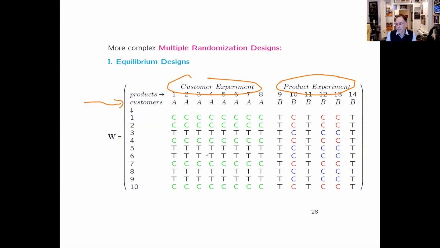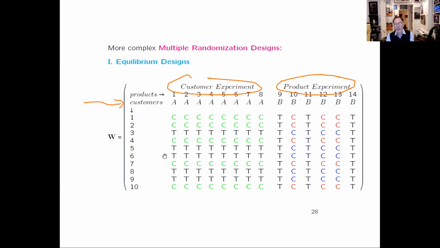And just like in the simple double randomization design, we get 3 different sets of control customer-product pairs, the green, red, and blue. But now we also get 3 different sets of customer-product treatment group pairs that allow us to learn about the different types of interference.